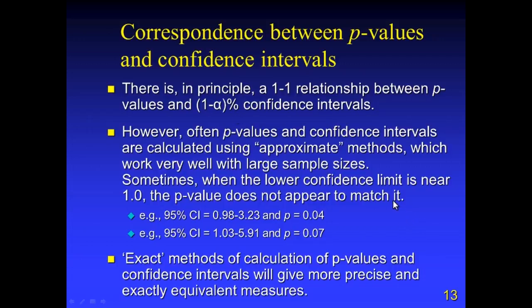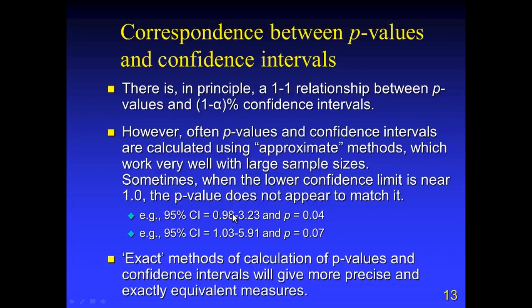And so you would expect, based on what I've been telling you, that if you have a p-value of 0.05 from your study, then you would expect at least one of the bounds of the confidence interval to be 1. But sometimes you will find from your study results that that's not the case, and so you could get a situation like this, for example, where you have a p-value of 0.04, which seems like the confidence interval should exclude the null value, but in fact you see that it doesn't quite.